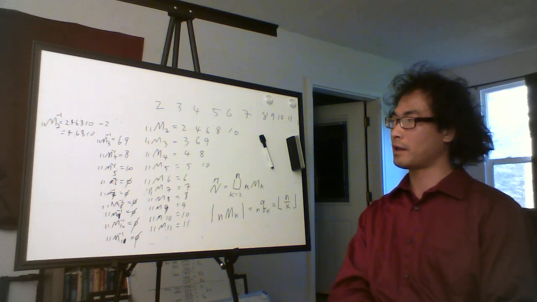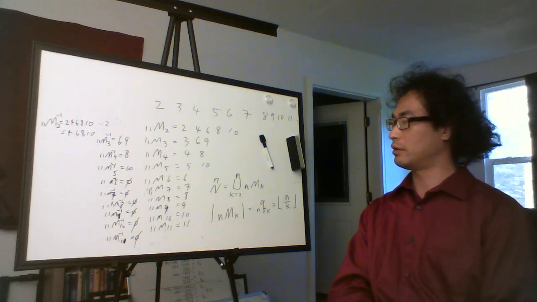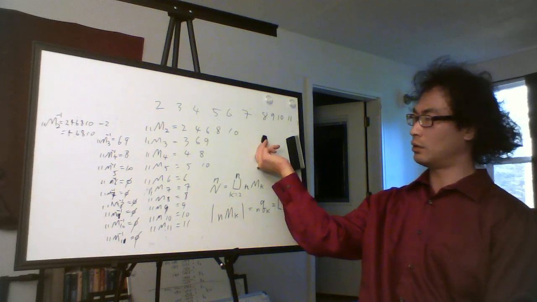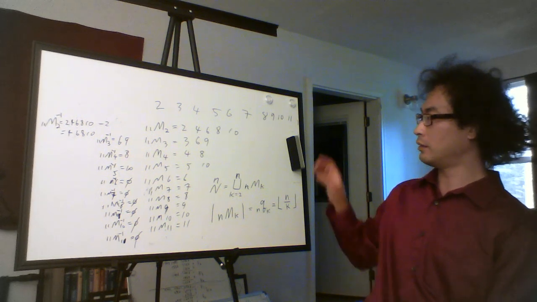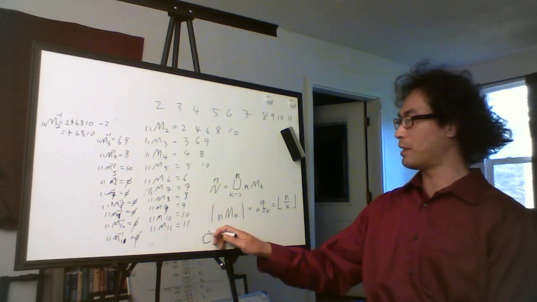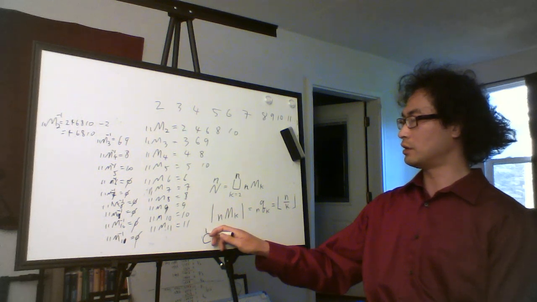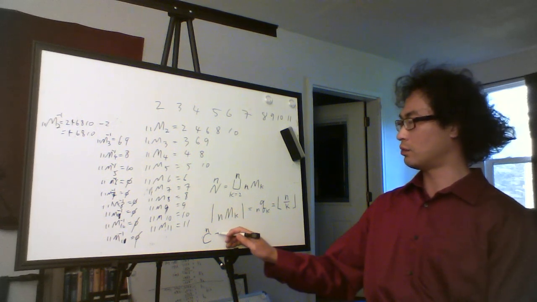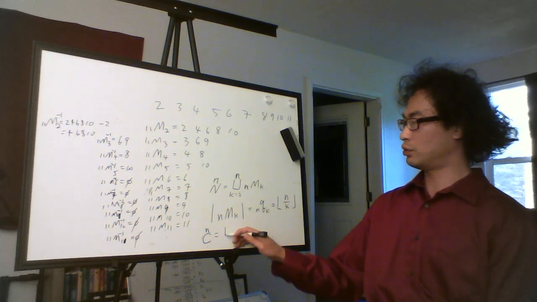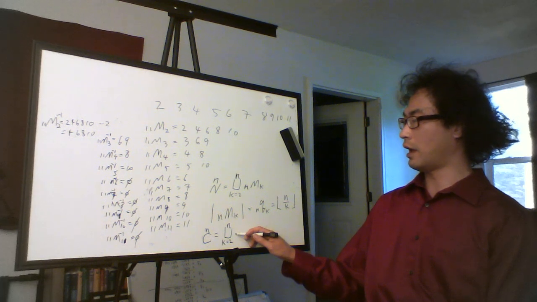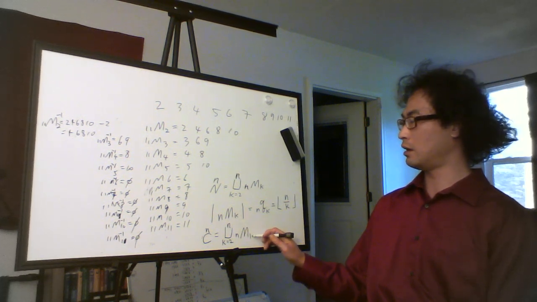Now, the set of all the composite numbers, each of which is less than or equal to n, we'll call it C top n, and that's the union, k from 2 to n, of n m k minus 1.